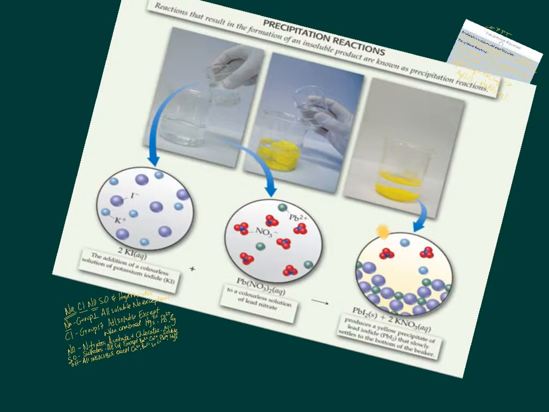But when I mix them together, lead iodide falls under the Cl rule. Halogens, group 17, are all soluble except for when mixed with mercury, lead, or silver. And here we mixed it with lead, so it's going to form a precipitate. KNO3 falls under the NO rule again, the nitrates. It's always going to be soluble. There's no exceptions.